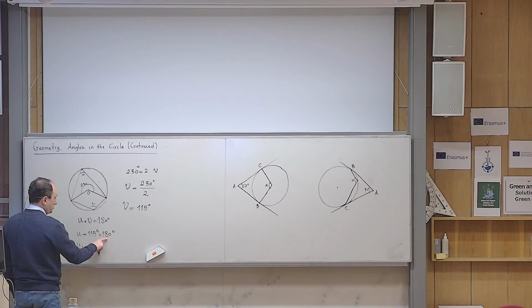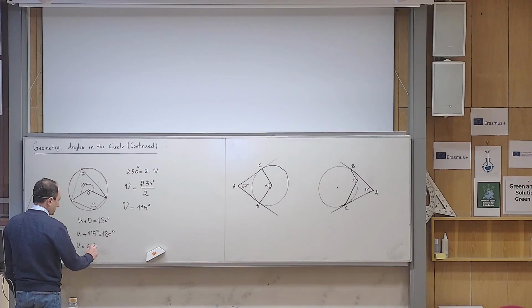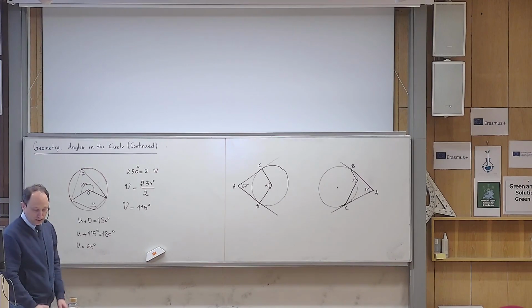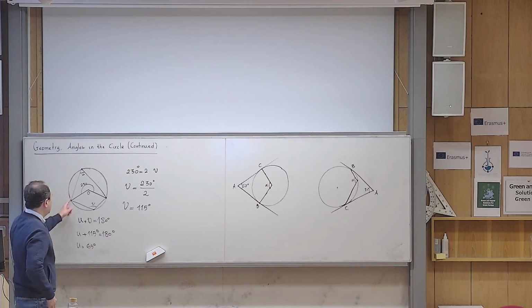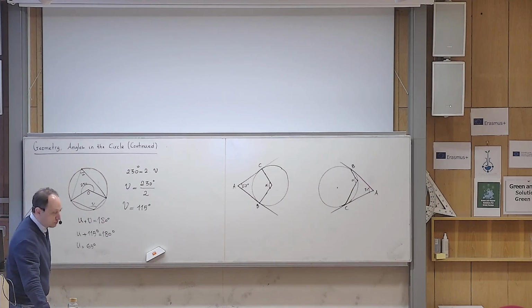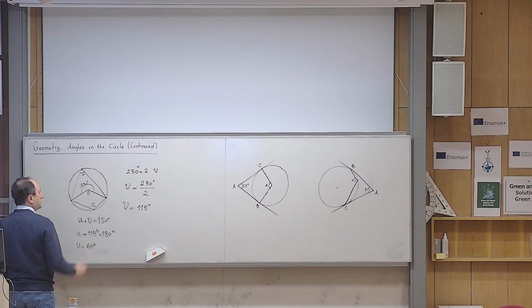U is this number minus that number, which is 65 degrees. This is one way of doing it, and it is acceptable. In the exam, you would say that this is a cyclic quadrilateral, so the sum is 180, and then the rest of the calculation. You might not do this. You might say that, okay, if this is 230 degrees, I know what this one is.